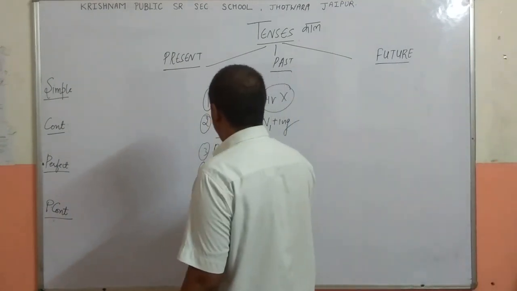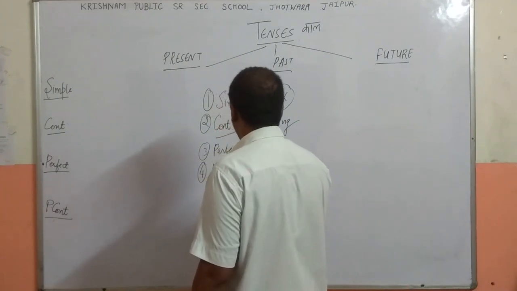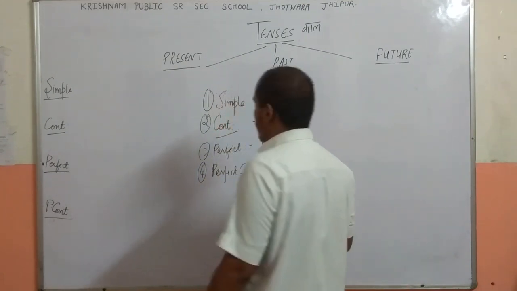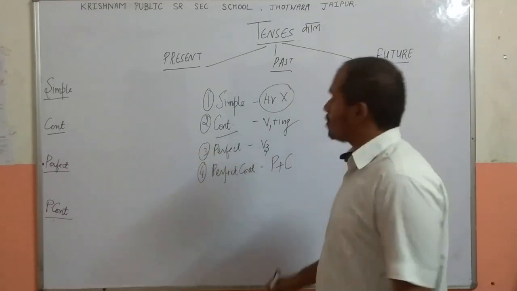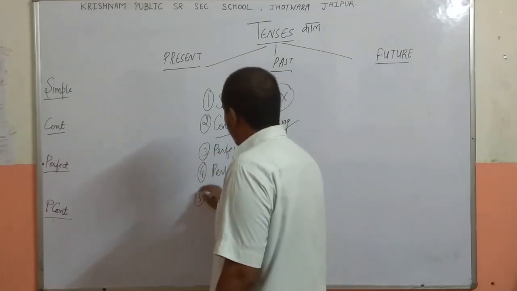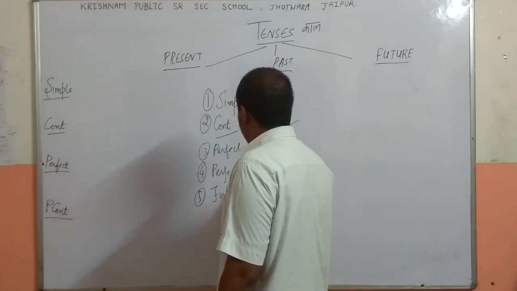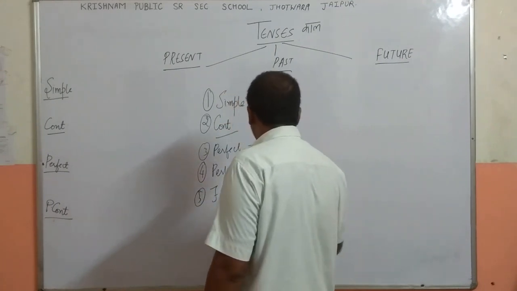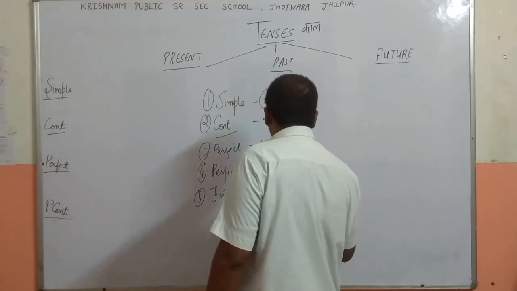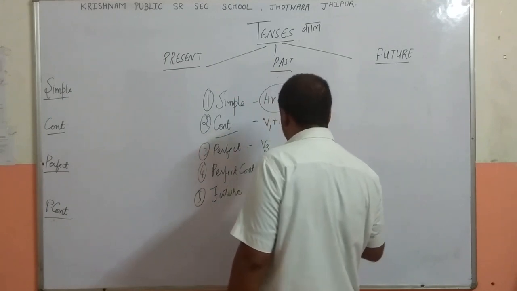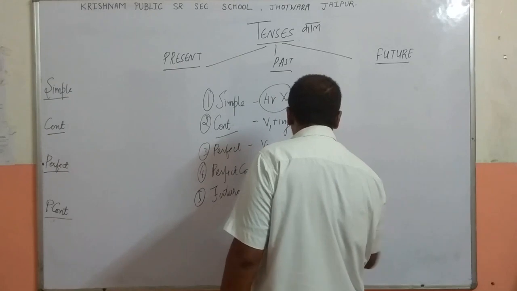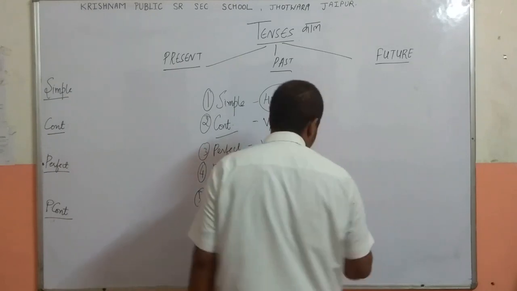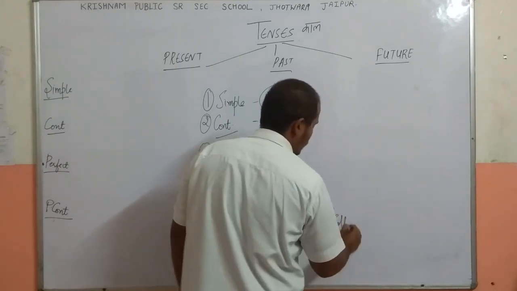Wherever you see perfect continuous, you are supposed to club perfect plus continuous. Wherever you come across the word future, you are compulsorily supposed to use the helping verbs will and shall.